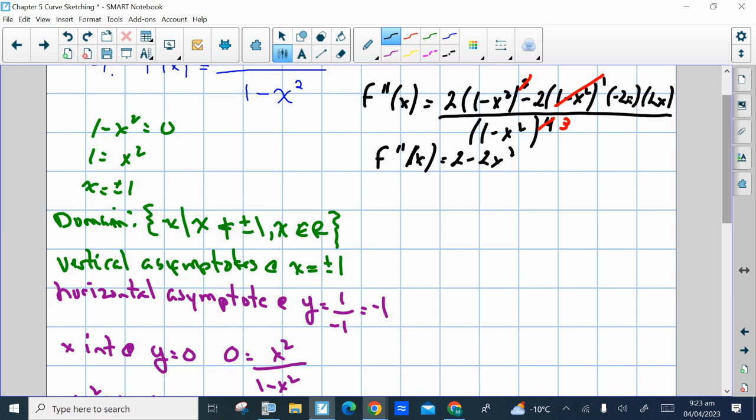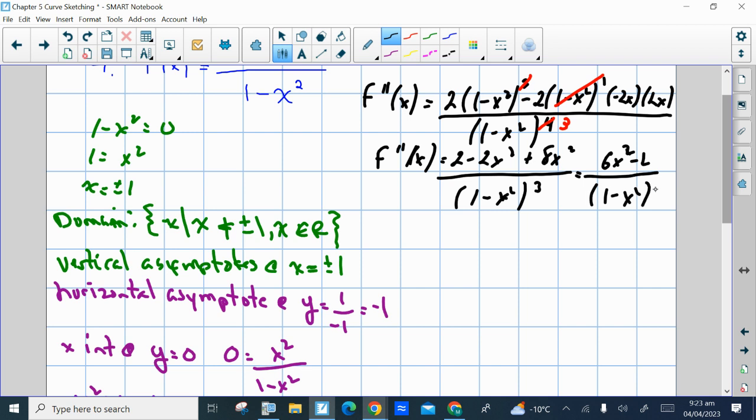Negative 2 times 2x is positive 4x, times 2x is positive 8x squared, over 1 minus x squared all cubed, which gives us 6x squared minus 2, all over 1 minus x squared to the power 3. I'm sorry, that should be 6x squared plus 2.